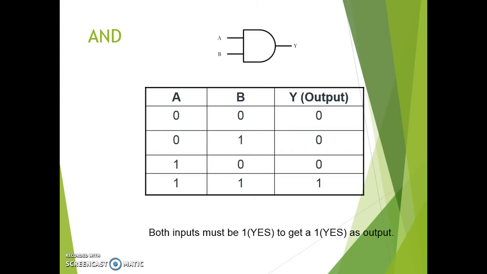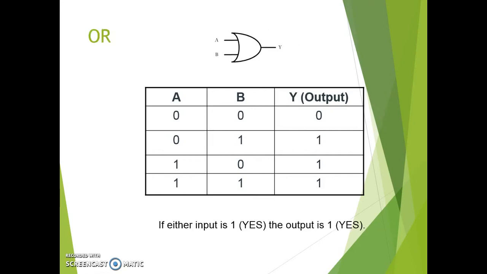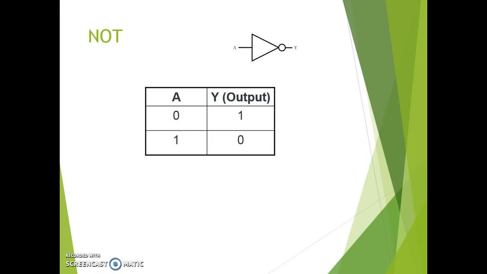In other words, both inputs must be a yes to get yes as output. So let's look at the other possibilities. An OR gate. In the OR case, the only case where we get an output of 0 is when both inputs are 0. In other words, if either input or both inputs are yes, the output is yes.